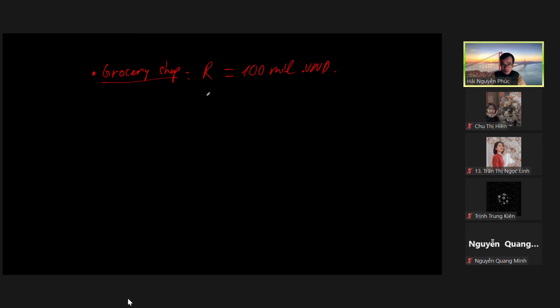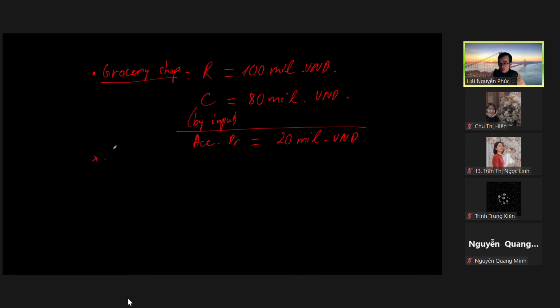You have the cost of 80 million, because you have to buy inputs. And based on this, you can see that your accounting profit is 20 million. And it is positive.